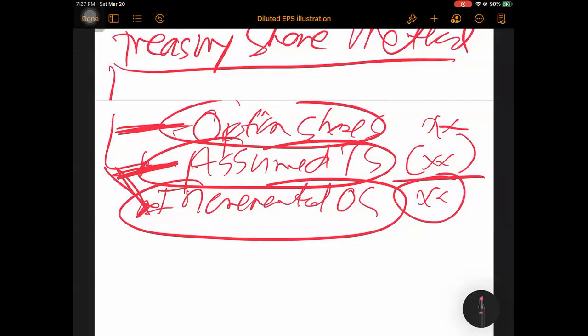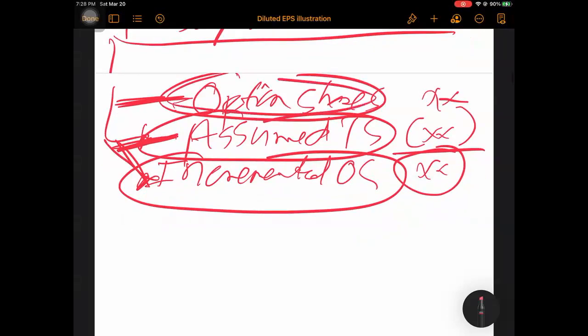Second, the proceeds from the exercise of the options and warrants are assumed to be used to acquire treasury shares at the average market price. So the option price times the number of shares is the base amount to compute the assumed treasury shares.